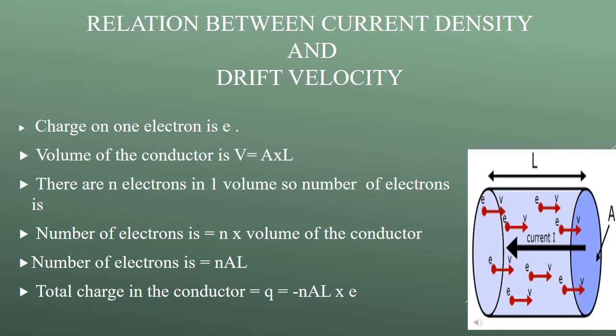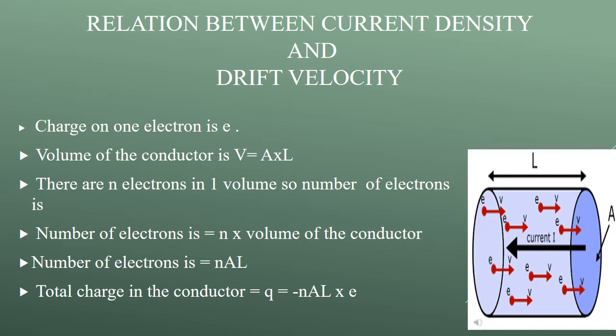Charge on one electron is e. The number of electrons in a conductor having length L and area A: the volume becomes A into L, which is length into breadth. And in one unit volume there are n electrons. So the number of electrons is n into volume, which is nAL.